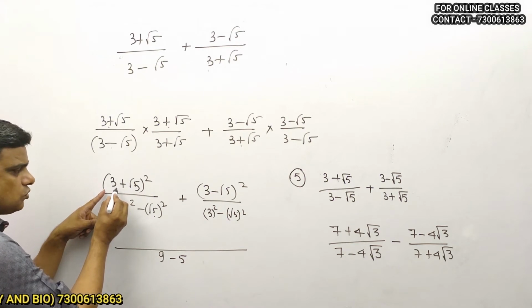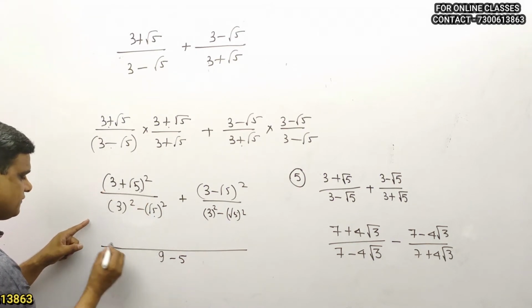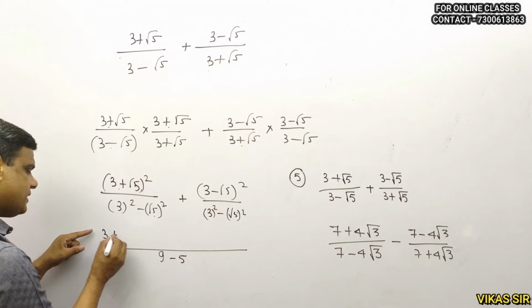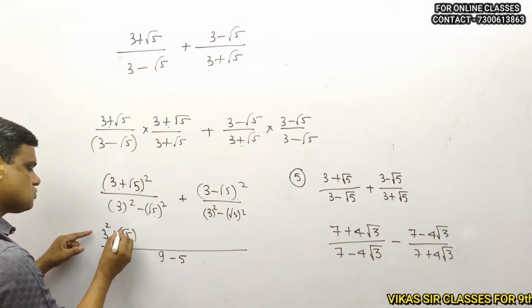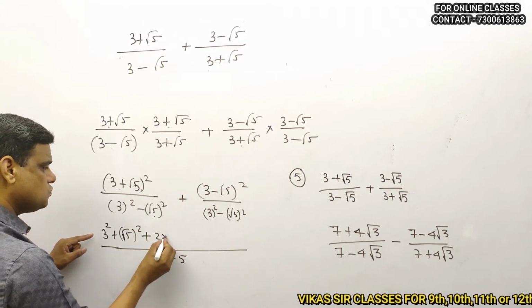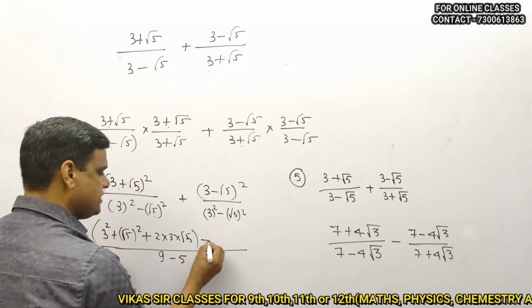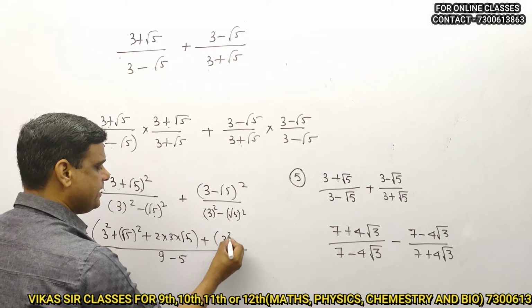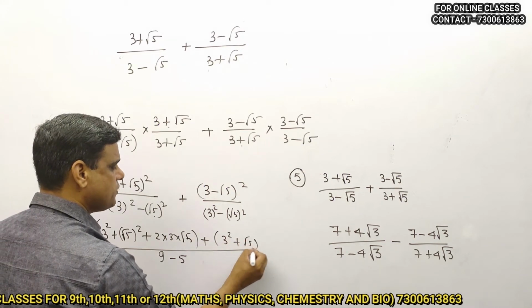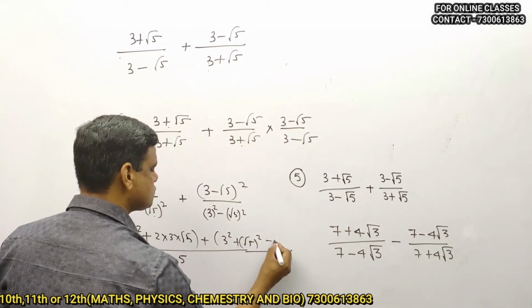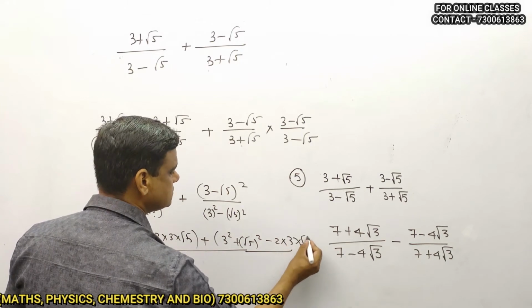Now solving it out, (3 plus root 5) square will be a square plus b square plus 2ab. Okay? And here it would be a square plus b square minus 2ab.